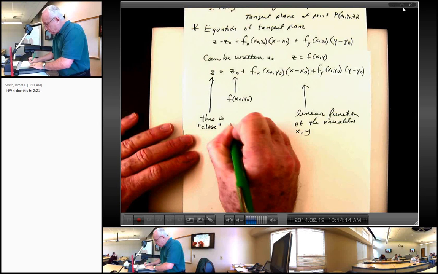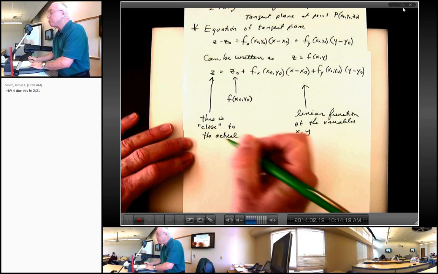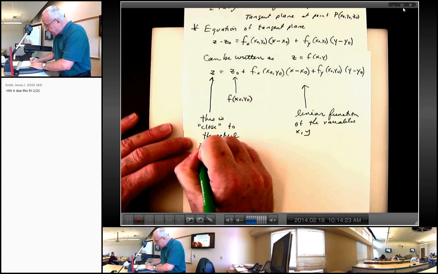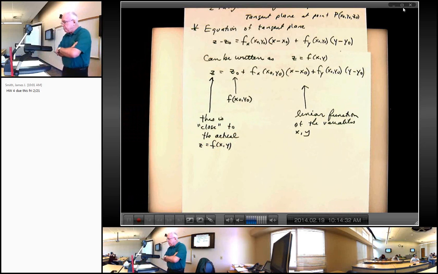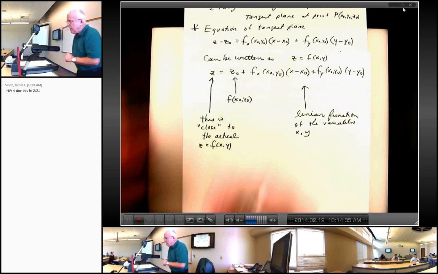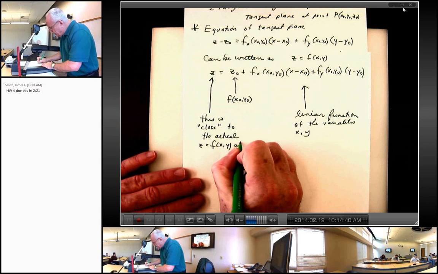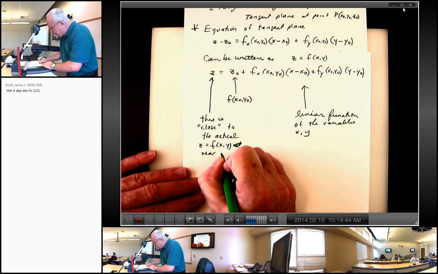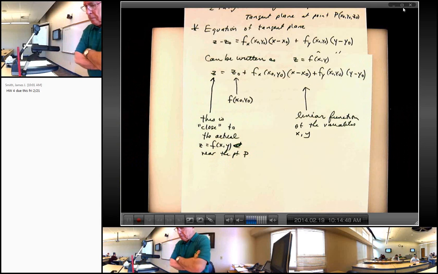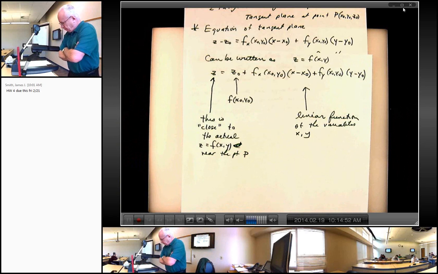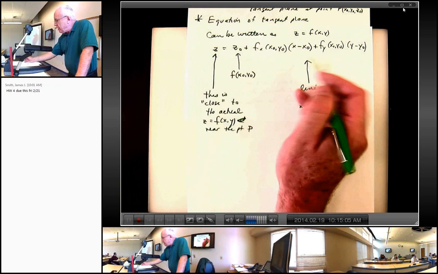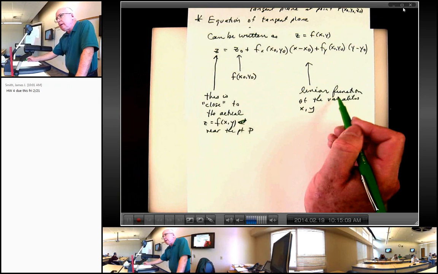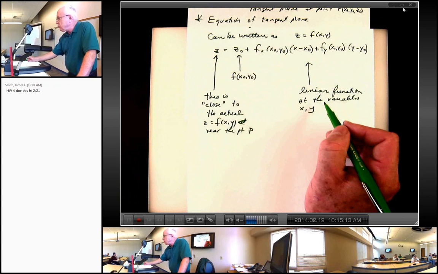This is close to the actual z equals f of x, y, near the point P. So this right side here is a linear function, and it's a linear approximation of our surface.